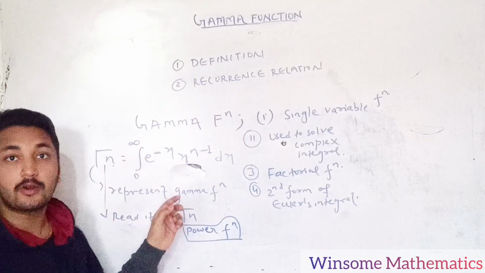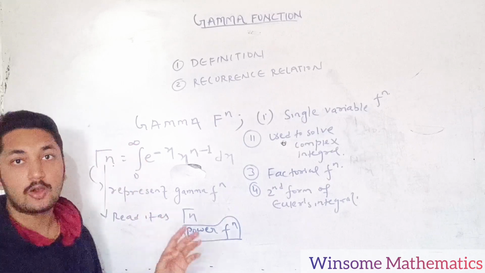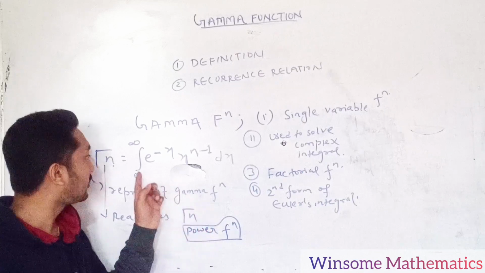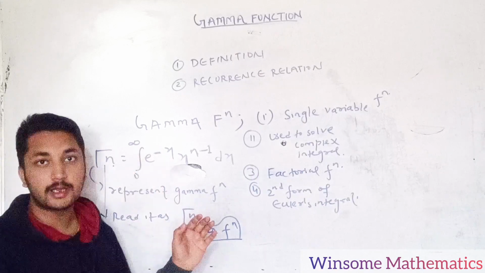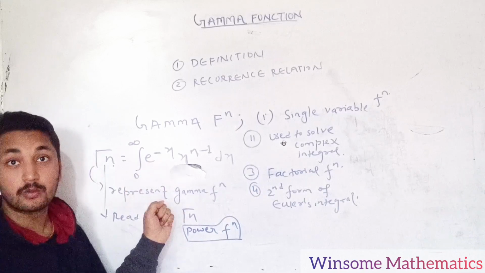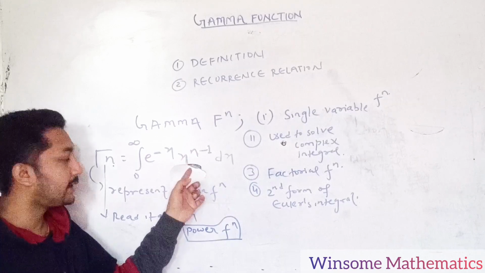Now, the second thing to identify is that the limit is 0 to infinity. Always, in the definition, the gamma function uses the limit 0 to infinity. Another thing inside the gamma function is e to the power of something, and whatever is in the power of e is written here.